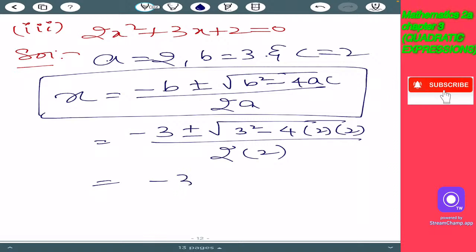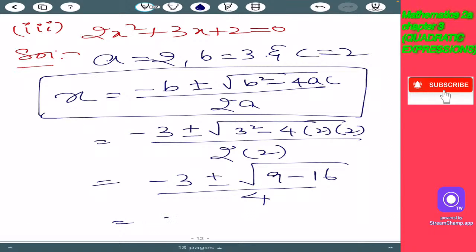So now minus 3 plus or minus under root 9 minus 16, divided by 4. If you do the calculation, it is minus 3 as it is, and under the root you will see minus 7.